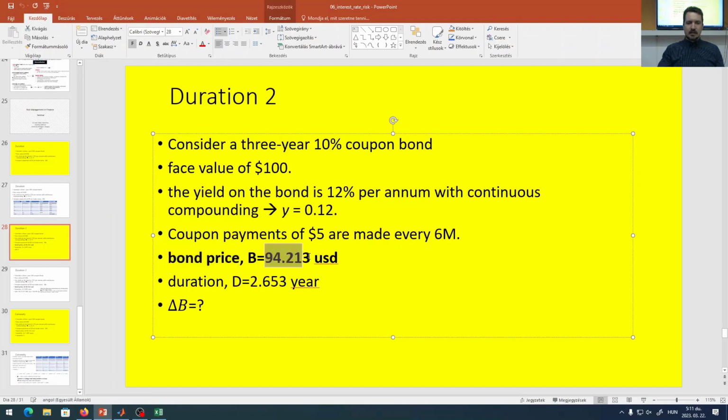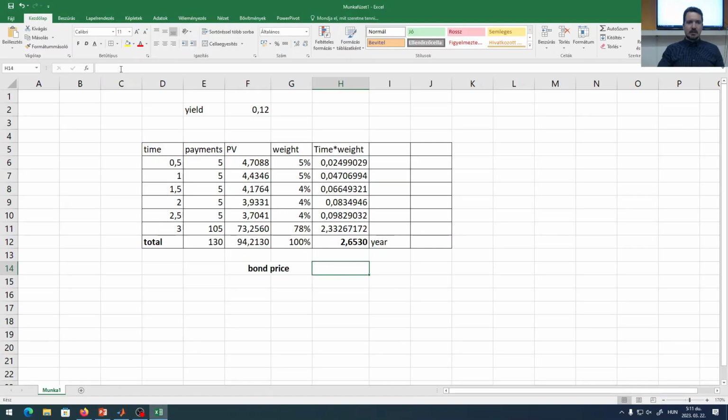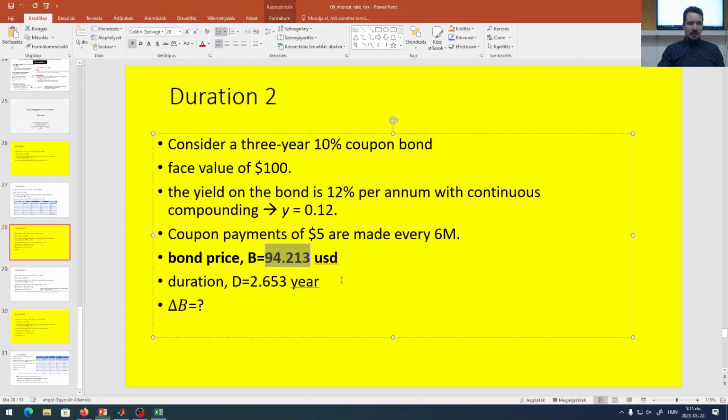And this is this amount of money. And now we can see that this is duration.